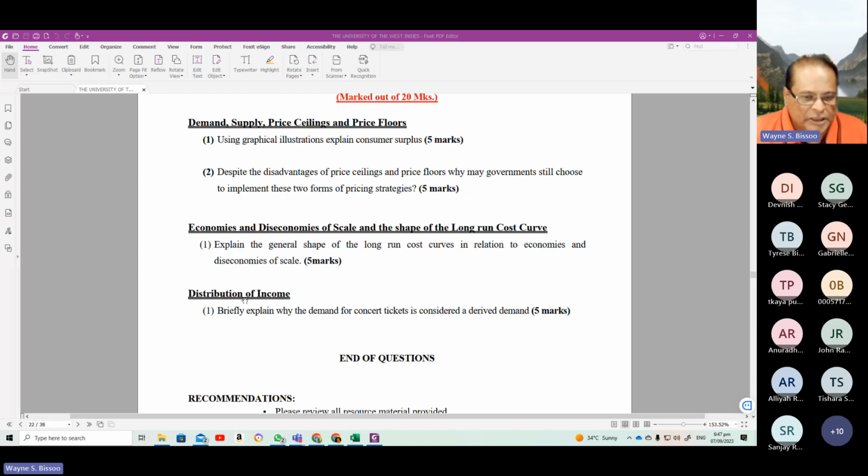And then, of course, the distribution of income. Briefly explain why demand for concert tickets is considered derived demand. That's a question that I'd like you to tackle. And all of these questions come out of the individual assignment that is for the 15% that comes next.